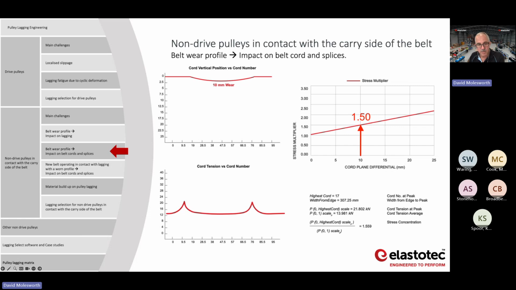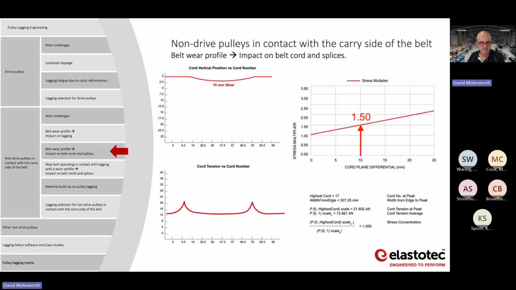And the way we work out the stress multiplier is we take the top of these peaks, which is around about 21.8 kilonewtons, and we take the bottom of the center of the wear area where we have the least stress, which is 13.98, and it's the 21.8 over the 13.98. So we have a stress multiplier of 1.559, or I've rounded it up here to 1.5 for 10 mil.